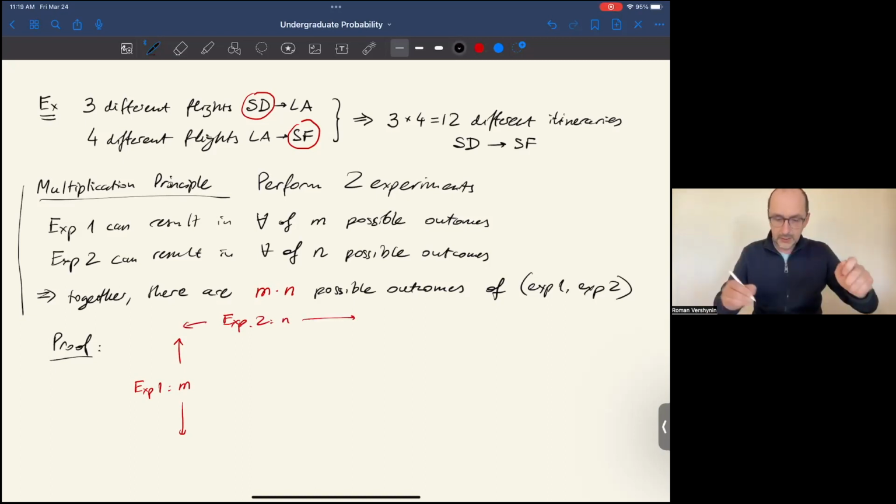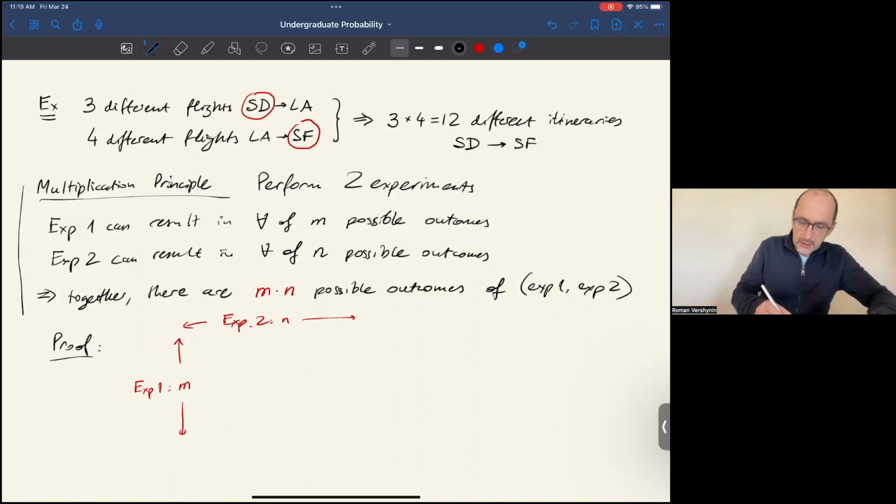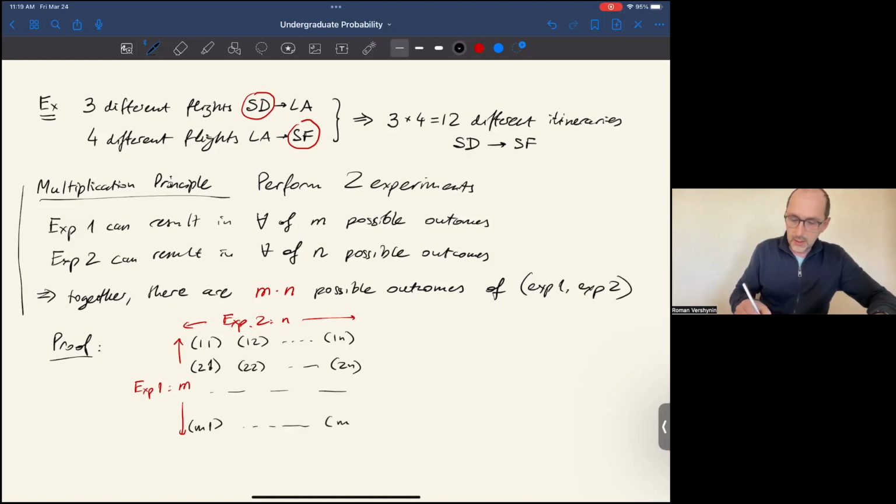Then for the experiments combined, if we list all possible ways the 2 experiments can end up, the outcomes are (1,1), (1,2), (1,3), and so on, (1,n), or maybe the first experiment ended up in 2: (2,1), (2,2), and so on, (2,n), etc., (m,1), etc., (m,n).